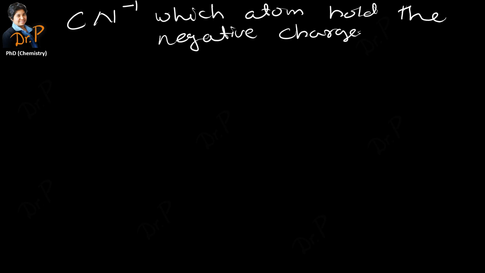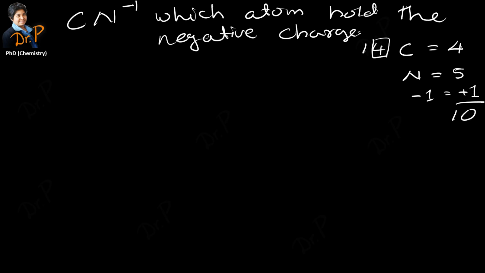We have cyanide ion. In this ion, which atom holds the negative charge? Carbon is group 14, so it holds 4 valence electrons. Nitrogen, group 15, is going to hold 5 valence electrons. We have a negative charge, which adds one more electron.